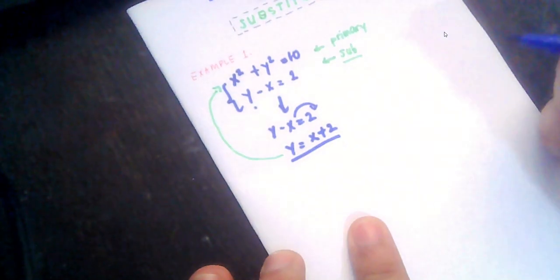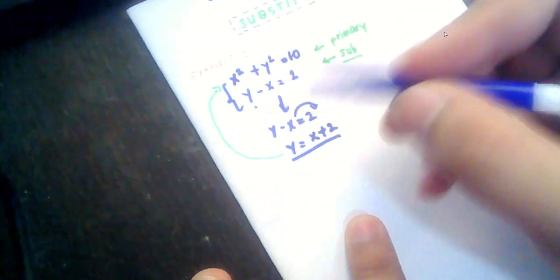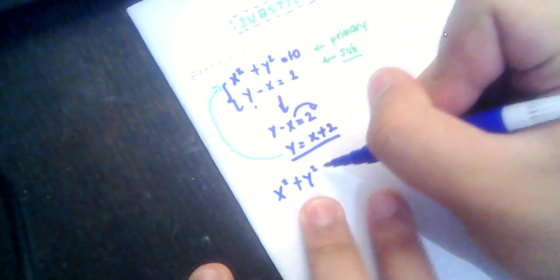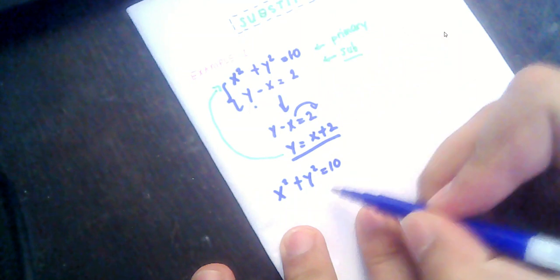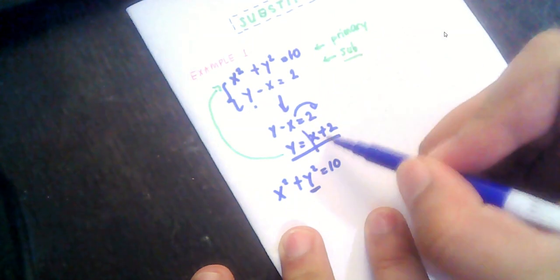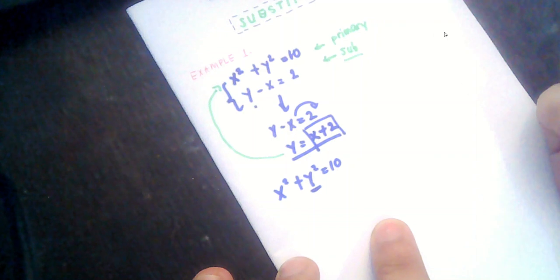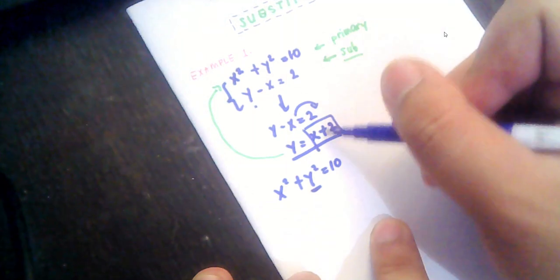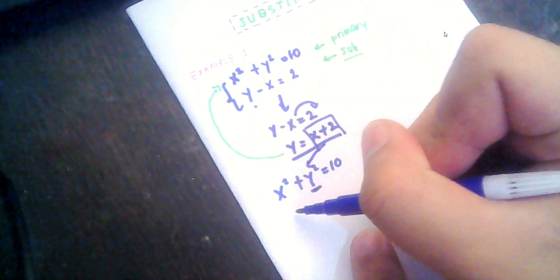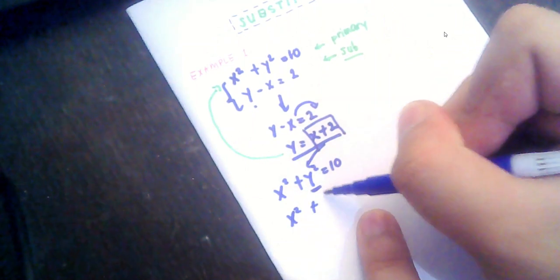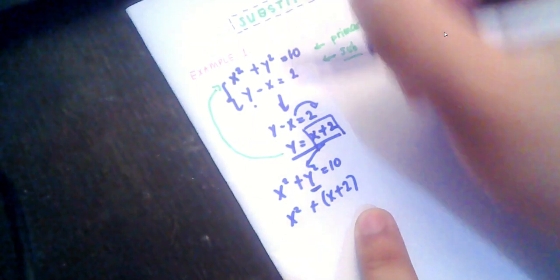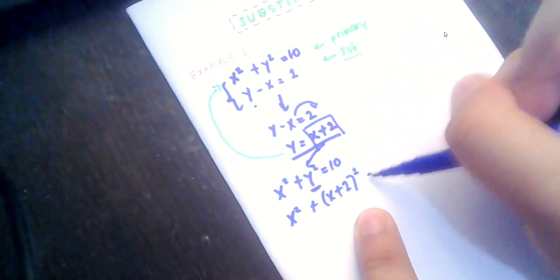So the equation now is x squared plus y squared equals 10, and the y, which is x plus 2, will be substituted here. It is now x squared plus x plus 2, do not forget it has squared, equals 10.